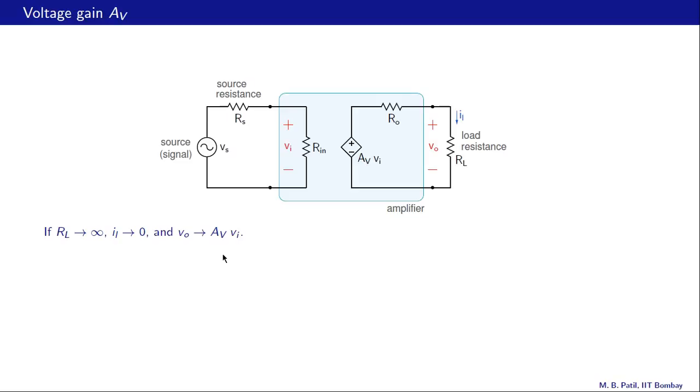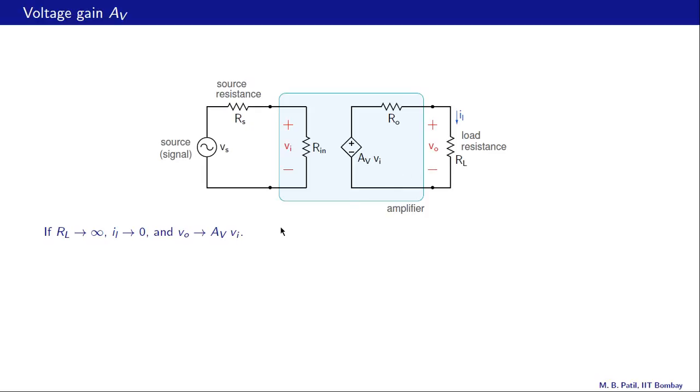Let's look at the voltage gain first. If RL is infinite, that is if this load resistance is replaced with an open circuit, then obviously this load current IL would be 0. Then there would be no voltage drop across RO, and this VO would be equal to AV times VI.